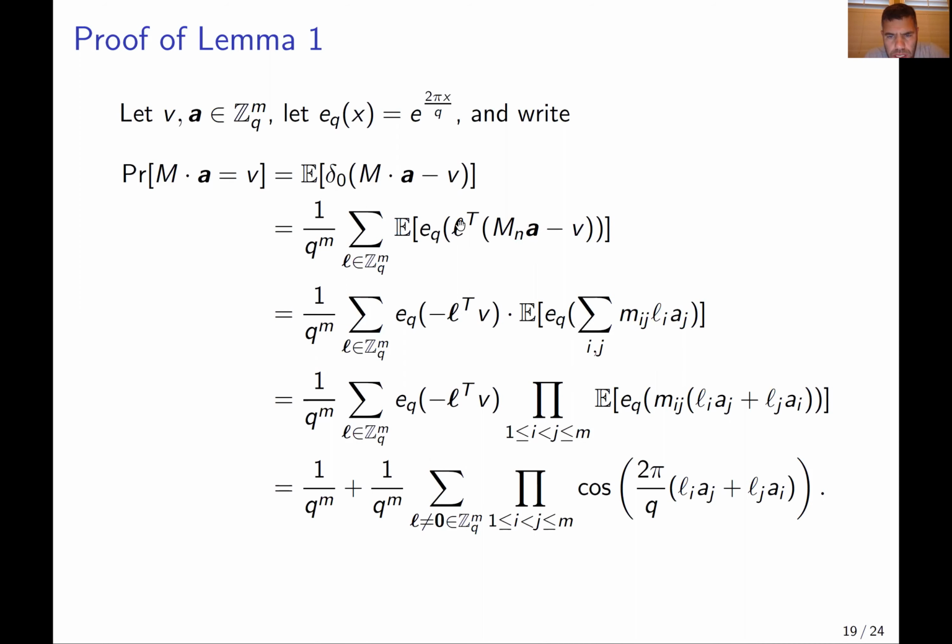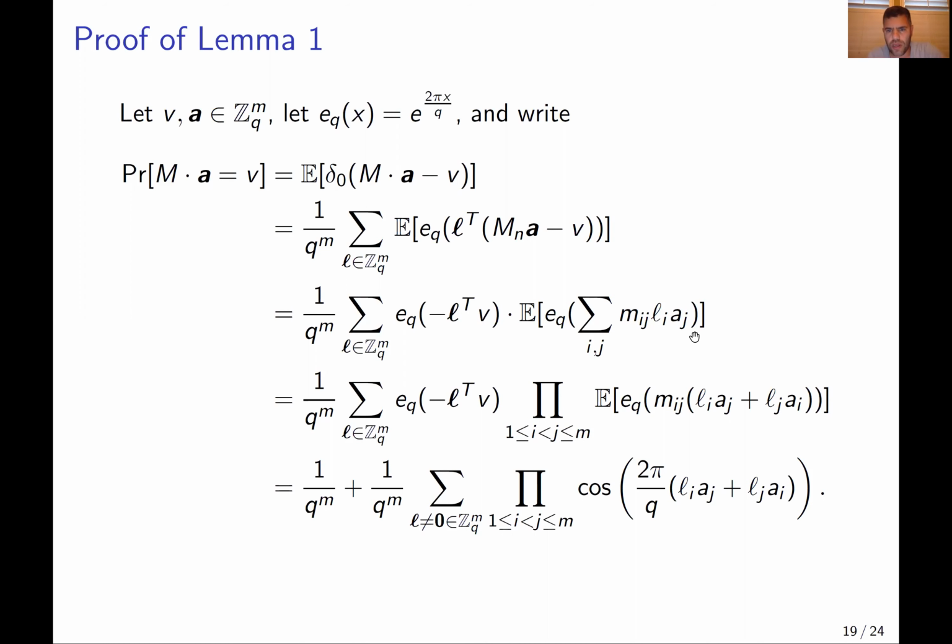So when we expand it, we just see a sum over all the entries of the matrix times L_i, the ith coordinate of L, times A_j, the jth coordinate of A. And if we want to write it a little bit more nicely, such that it will be a sum of independent random variables, observe that it's a symmetric matrix, so M_ij equals M_ji, right?